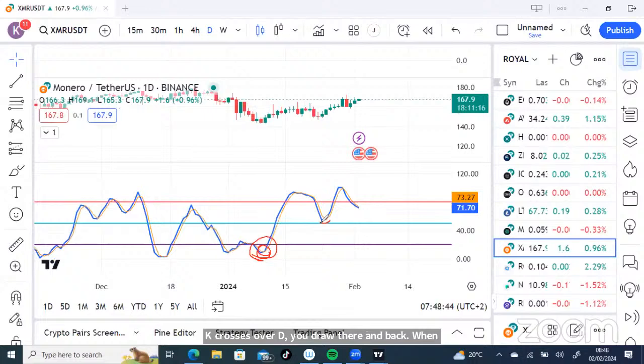When the blue line crosses the orange line, you draw there a vertical line. And when you notice that the K, which is the blue line, is still moving above the orange line, then this coin is still on an upward trend or an upward movement.